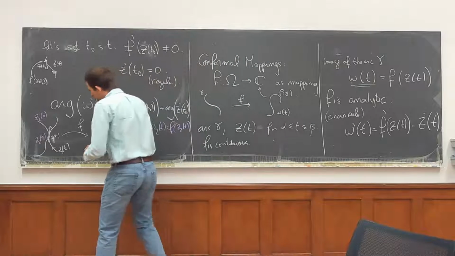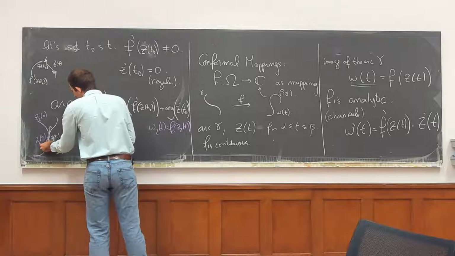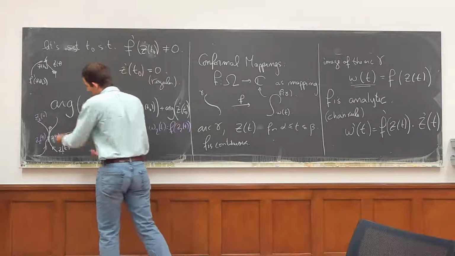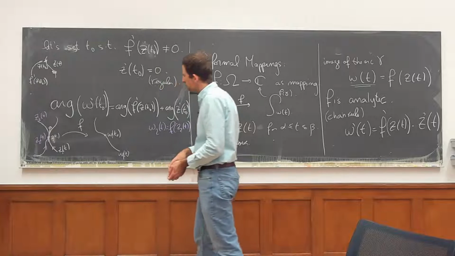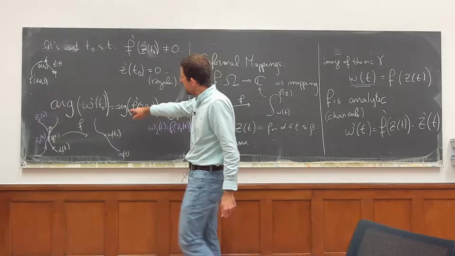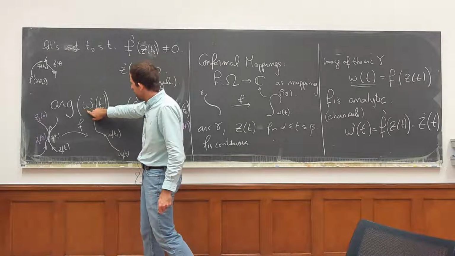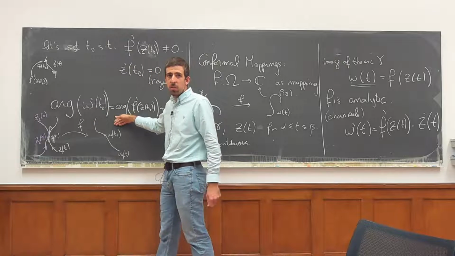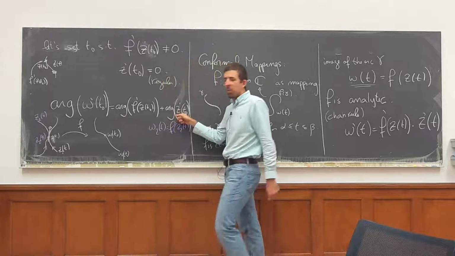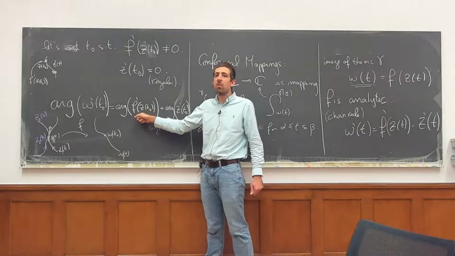But now, if I do the same thing for the purple one, I have some other tangent line at the same place. What this tells me is that the angle of the tangent line after the image is whatever the angle was before, plus something that depends only on the function.